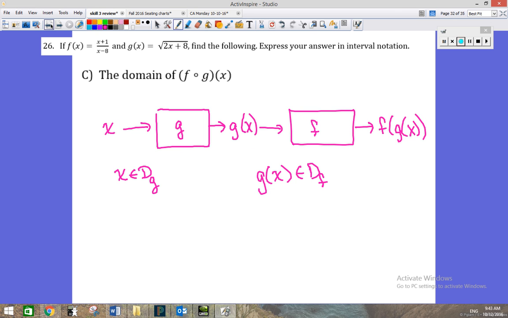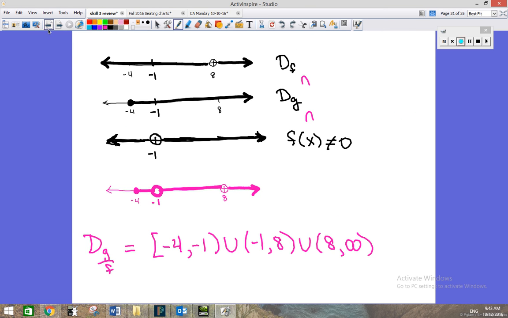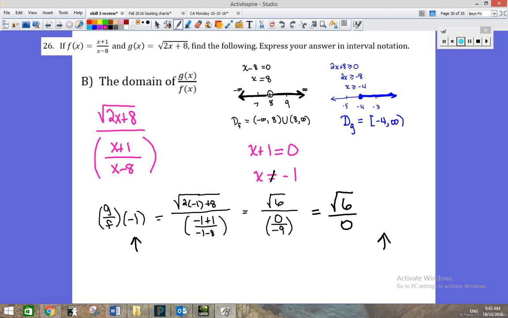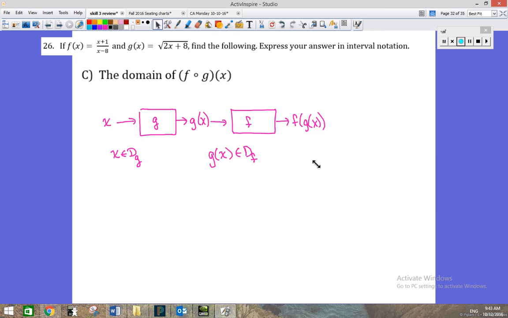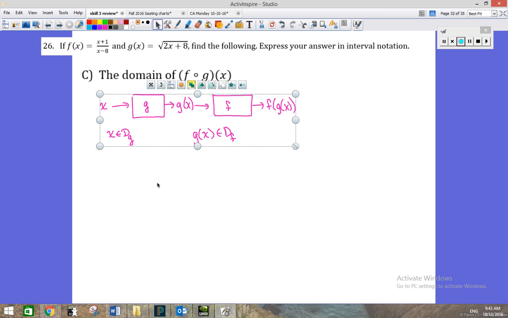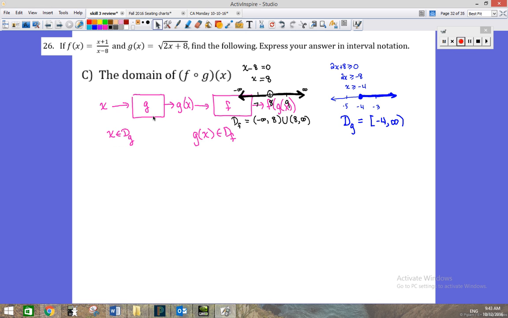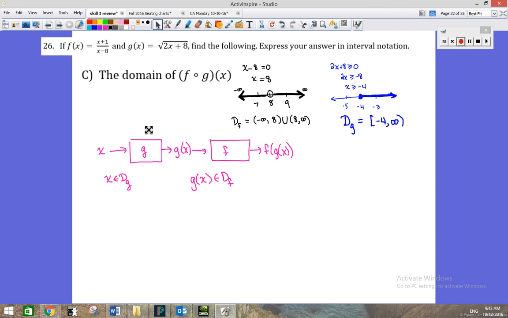Alright, now we've already found the domain of f and g. Let's go back and see if we can bring that along. Just trying to move this around and get everything in here.